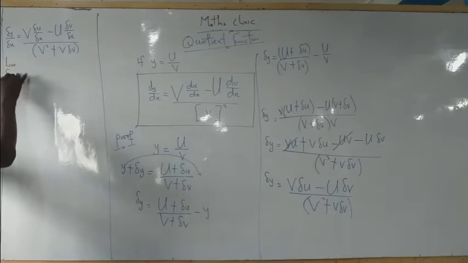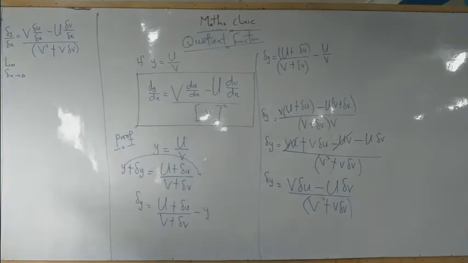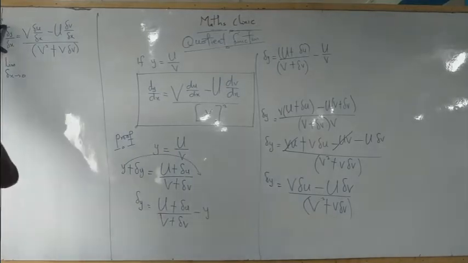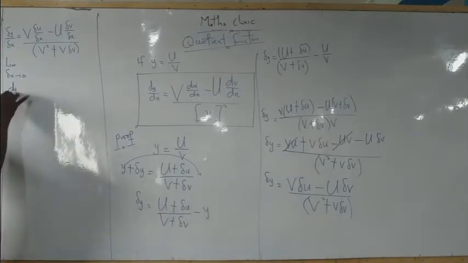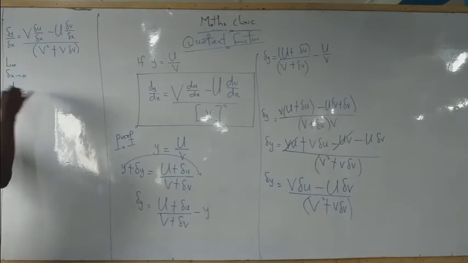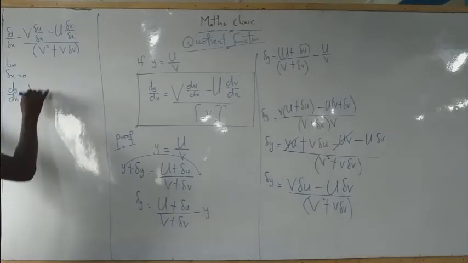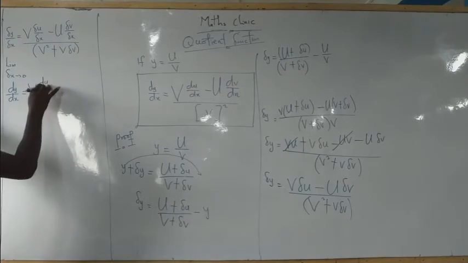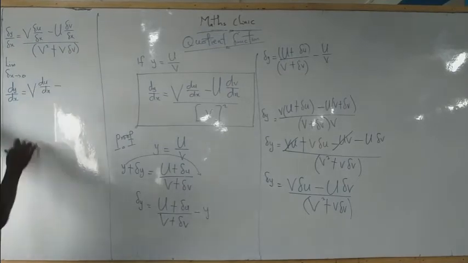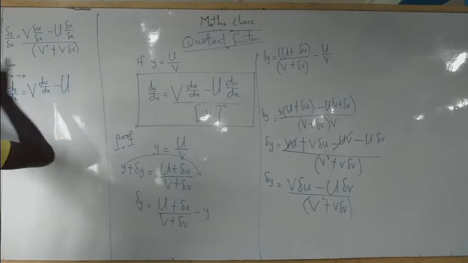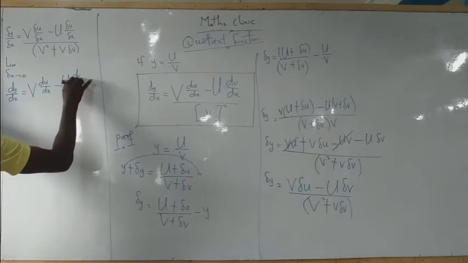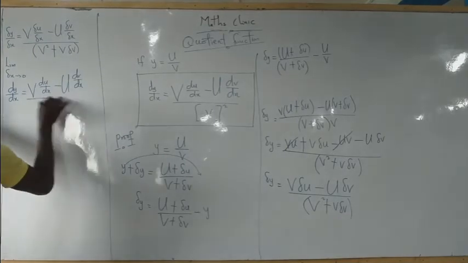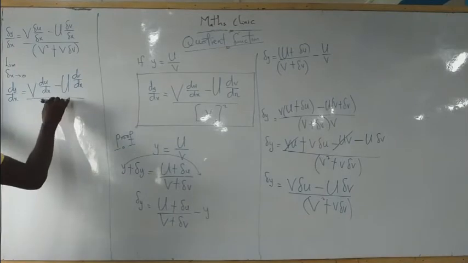So we say the limit as the change tends to 0. Then this will change to dy over dx equals, this becomes v, and this will mathematically change to du dx minus u dv over dx, everything over v square.